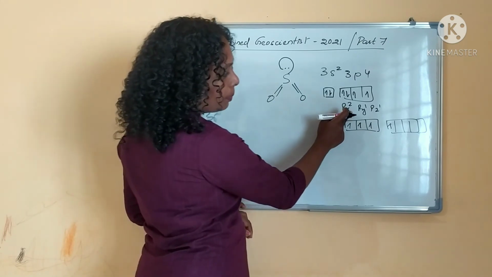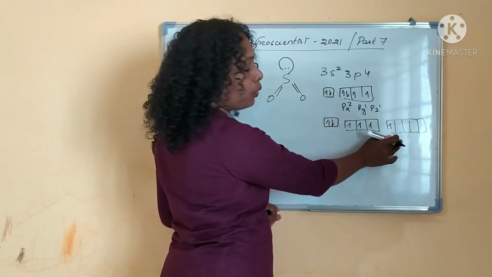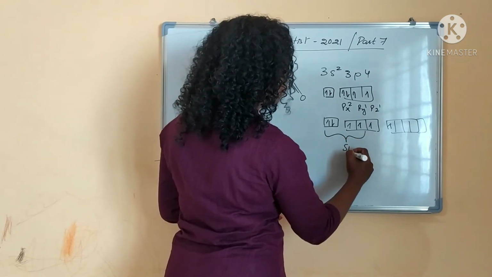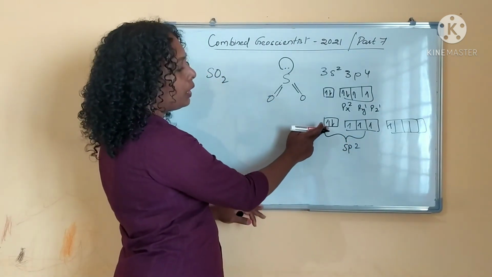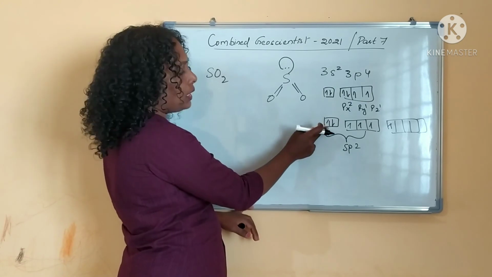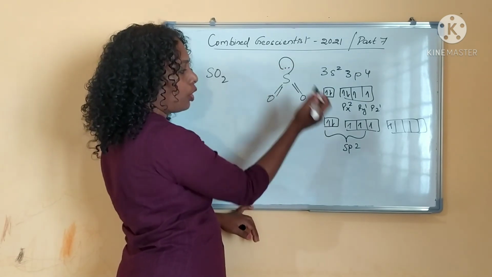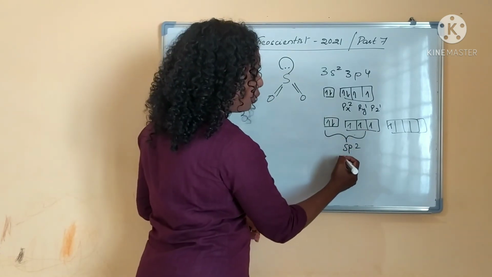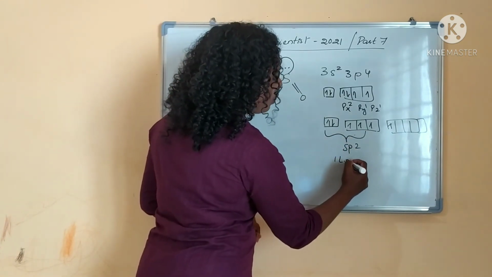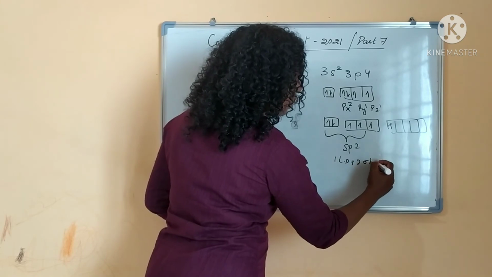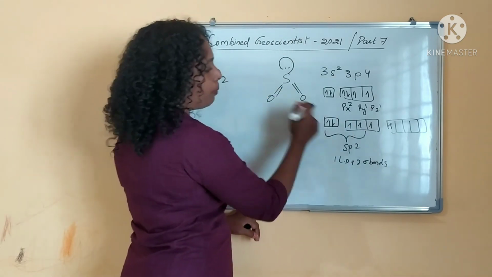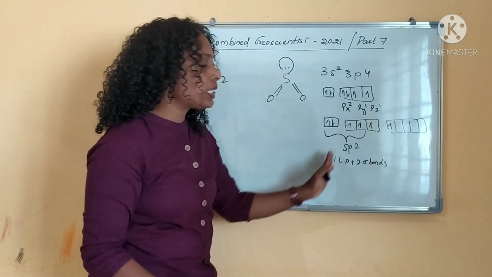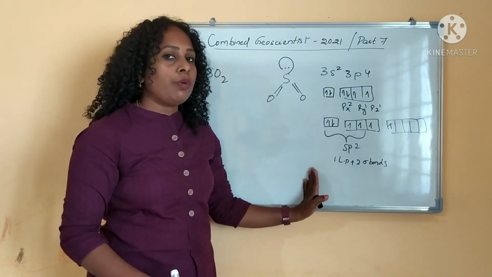One electron from px2 will go to the d orbital, and the hybridization involved is sp2. How come sp2? The s electrons will represent the lone pair, and these two are bond pairs, two sigma bonds. So one lone pair is included plus two sigma bonds. And where are the 2 pi bonds? The outer 2 electrons will represent the pi bonds.